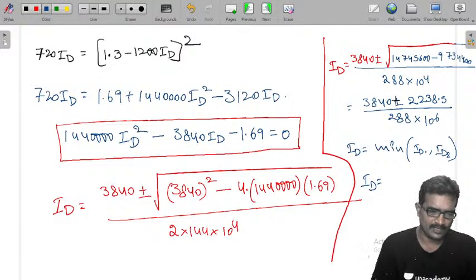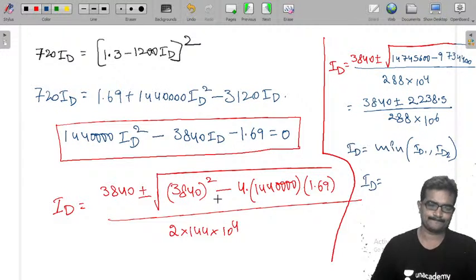Directly I am writing: it is minus 3840 divided by 3840 minus 2238.5 divided by 2.88.